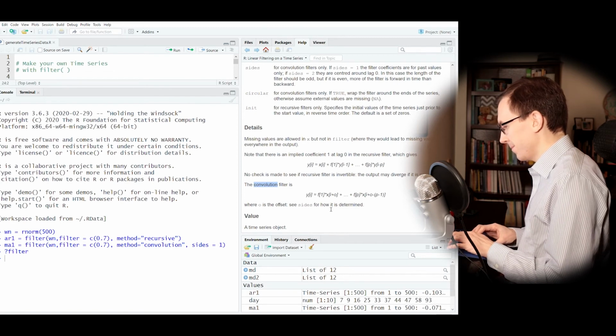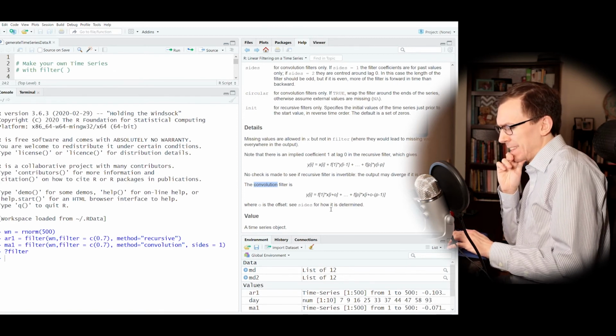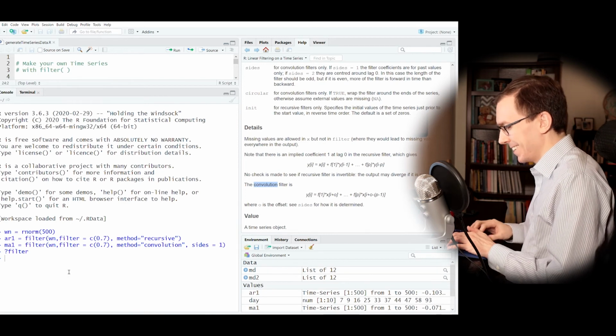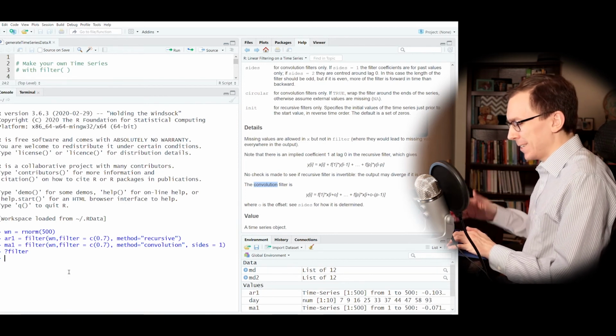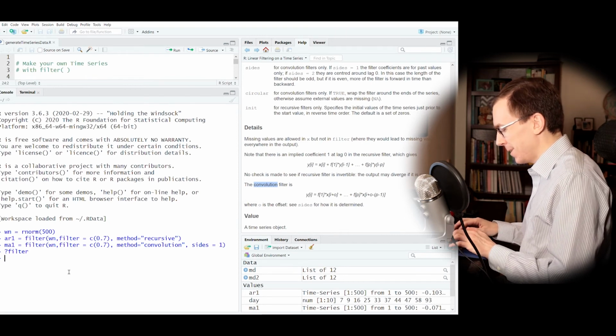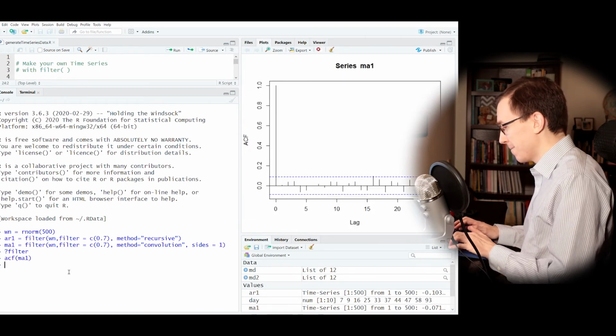So is that what we want? I think that's what we want. Well, we're just going to check it. I think I might have to put a 1, 0.7 to get what I want, but why should I take a guess when I can just use the ACF function that we kept talking about?